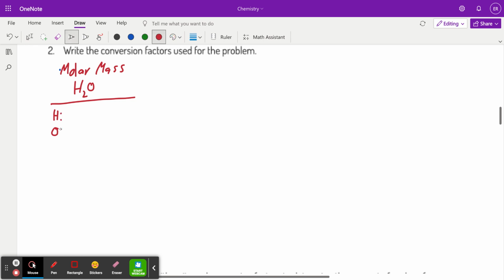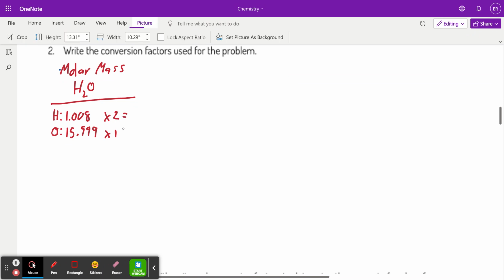From there, we look at our periodic table, and hydrogen's mass is 1.008. Oxygen is 15.999. Then we multiply by how many of each element are in our compound. Hydrogen, we have 2 of them, and oxygen, we have 1.